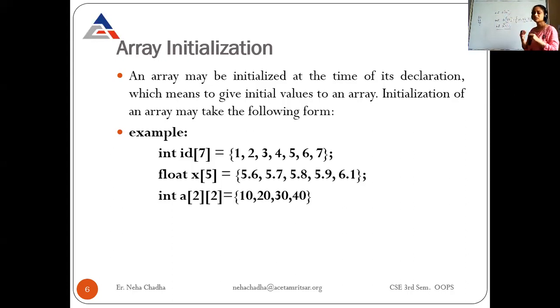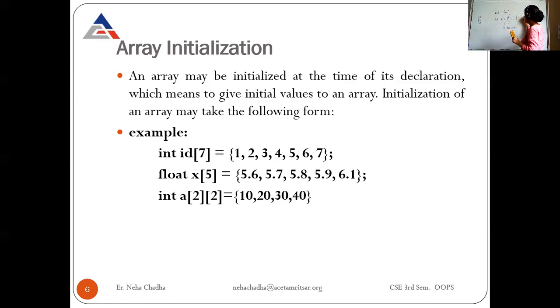Right? As in the example in the presentation, you can see there is int and float, and there is another example of a 2D array, int a[2][2]. As we know, 2 into 2 means 4 elements should be in your array. So how will you define it? You will initialize your array with 4 elements.